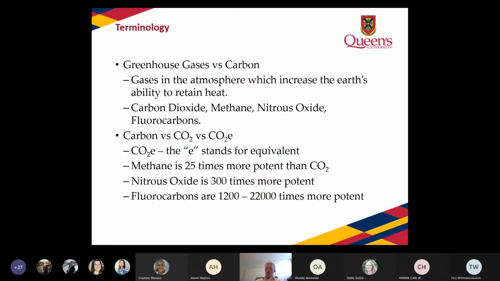Anytime you see CO2e or greenhouse gas emissions, it's usually referring to CO2e, which is an addition of all the emissions converted to an equivalent that matches that of 1 unit of carbon dioxide. So hopefully that makes a little bit of sense.